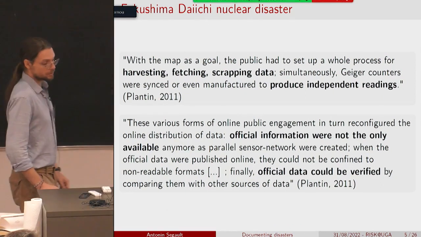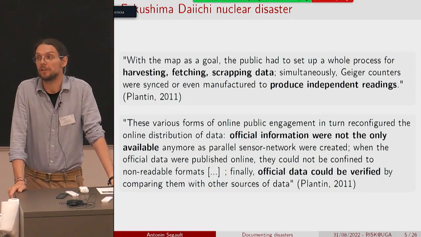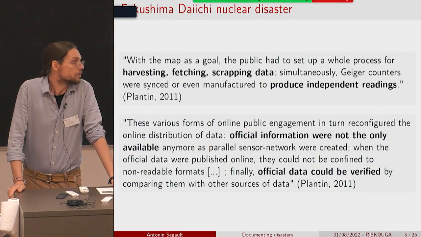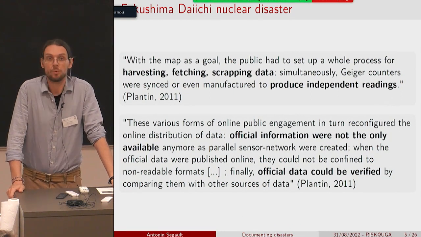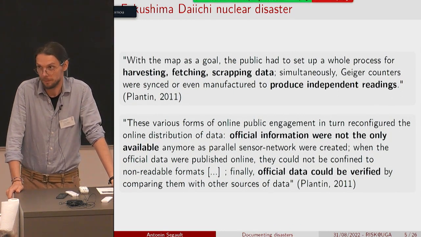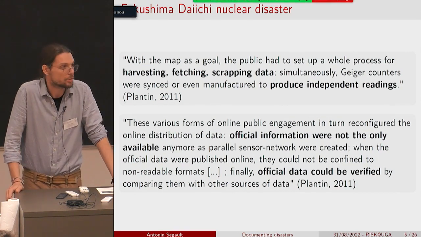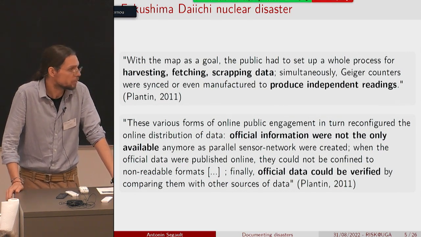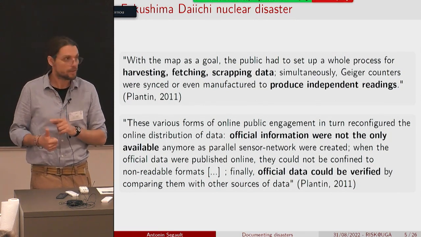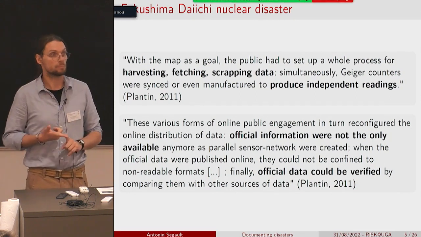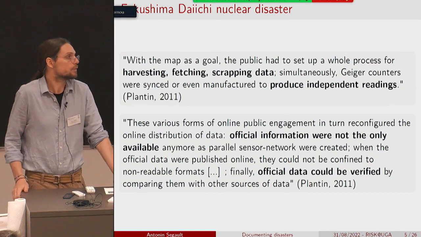This state of uncertainty is not something very comfortable to live with in such situation. And so people have been trying to deal with it in two ways. Firstly, by scraping all the information that was available, because even without that network of measurement stations, there were some measurements available on university websites, through prefectures, through individual researchers.